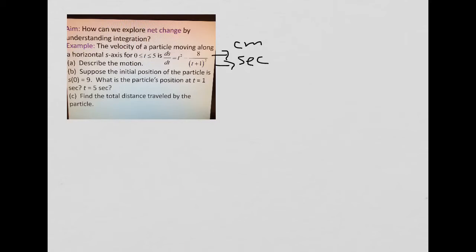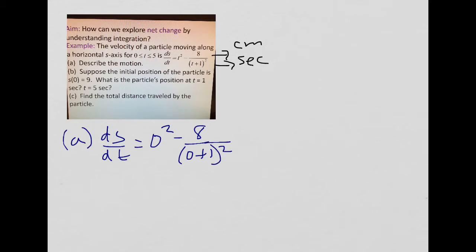So that's basically what we're going to do for part A here. Okay, so here we go. If I plug in 0 for t, this is going to give me my initial velocity. So I'm going to do that, and I find out I get -8 as an answer here.